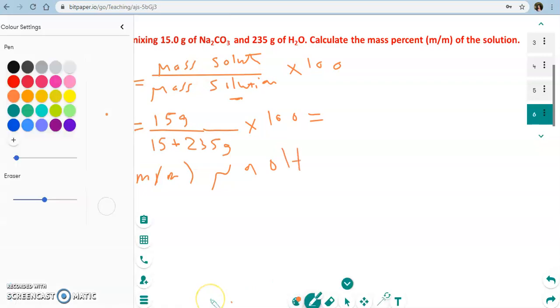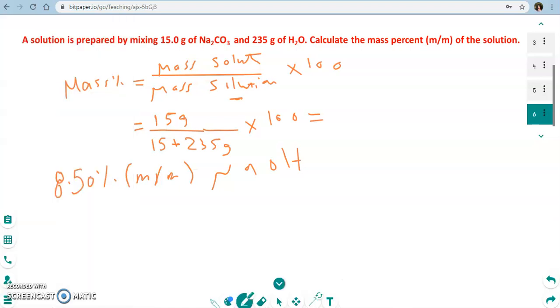If we think about how to do it, we can say it's m and m.